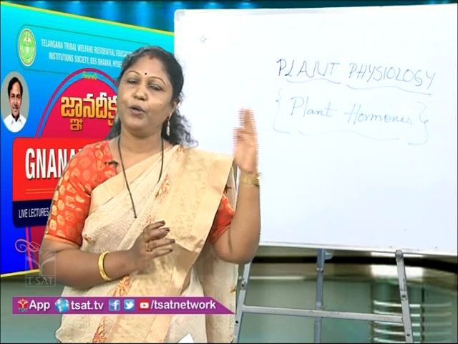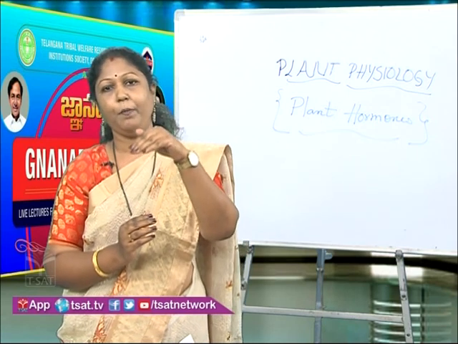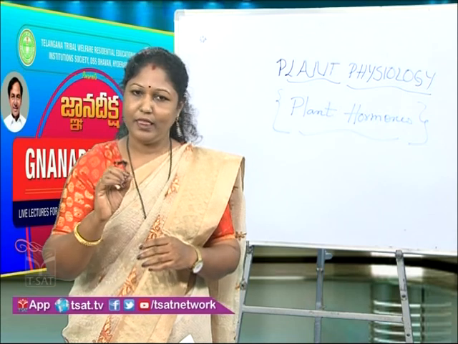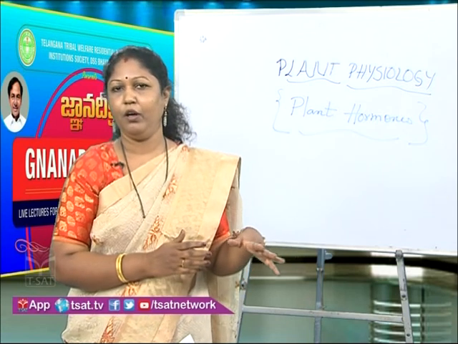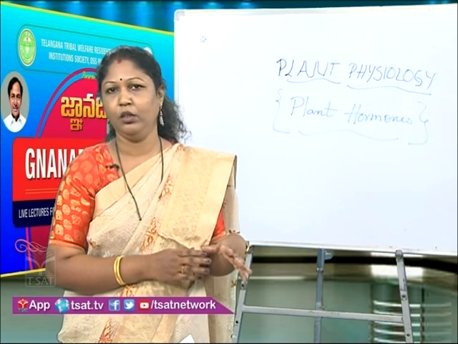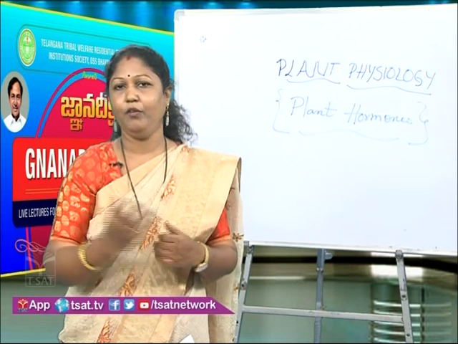Auxins are produced more on the darker side compared to the lighter side, so they lead to more growth there, hence the stem bends towards the light. So they favor tropism: in the root they force the roots to go deep down into the soil, whereas aerially they promote phototropism.